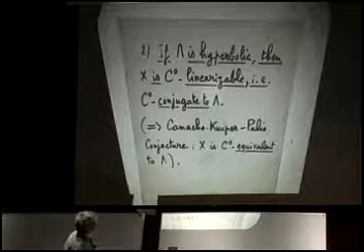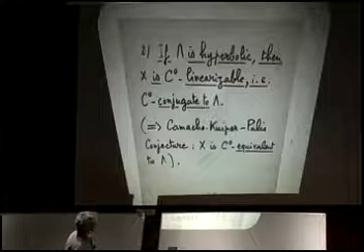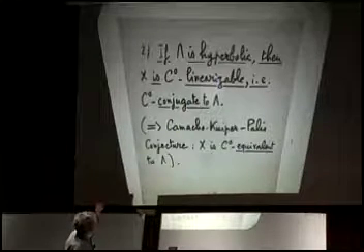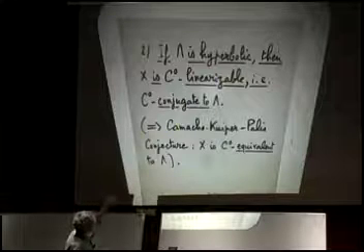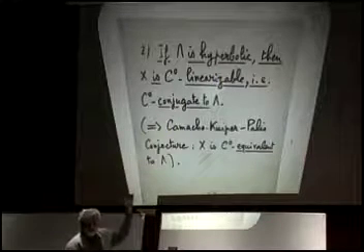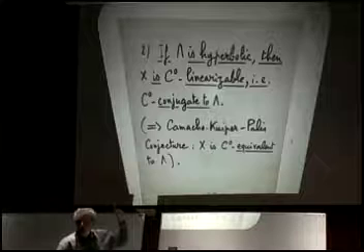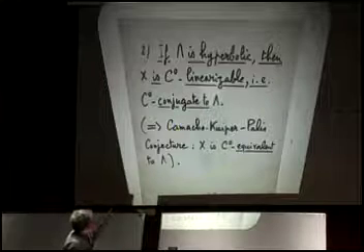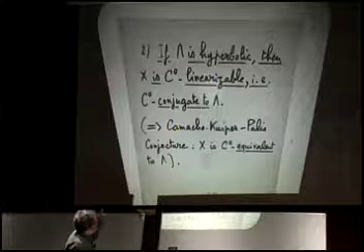Okay? In fact, what I got was rather better result, because the conjugation I constructed was Hölder continuous for every Hölder exponent, and it implied the Camacho-Kuiper-Pallis conjecture, which was weaker.